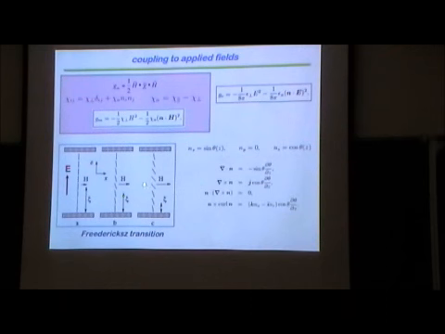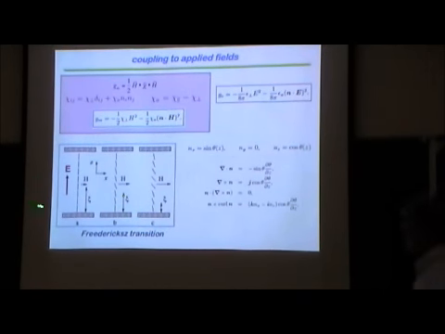Then I'm going to apply a magnetic field with a positive diamagnetic anisotropy, which means that the molecules want to be parallel to the field. So they're going to tilt over in the middle of the cell first and get parallel to the field. This is the Friedrichs transition.